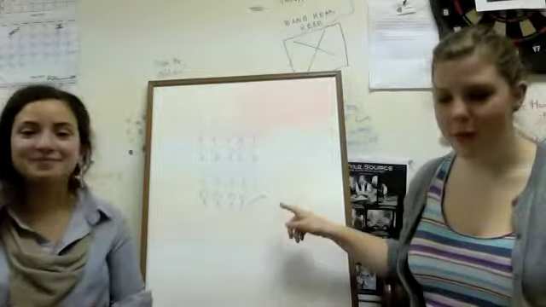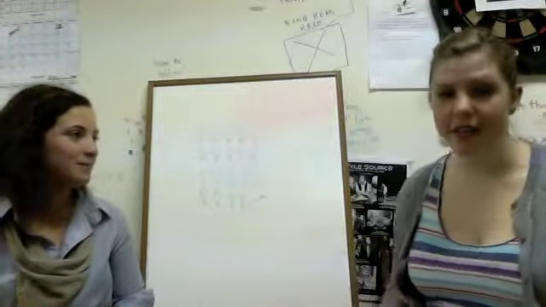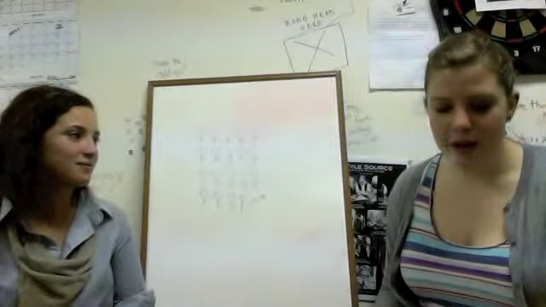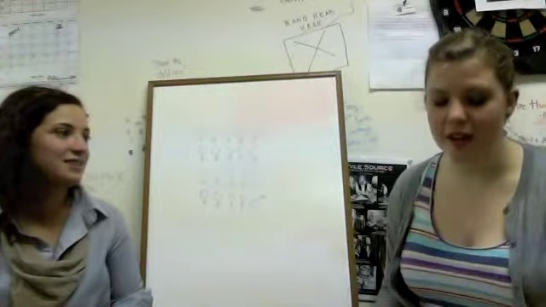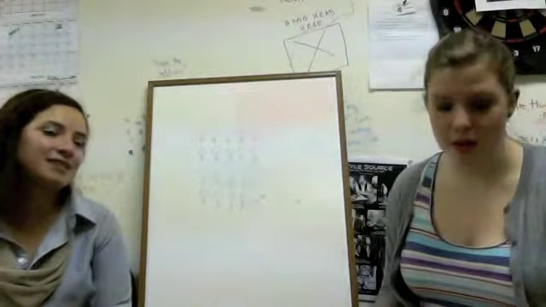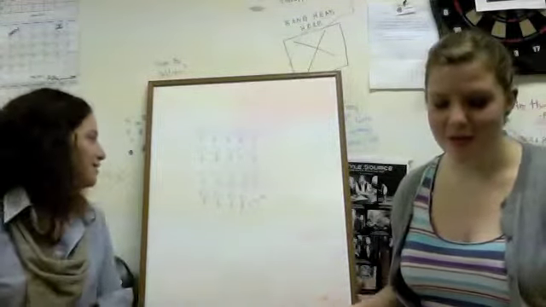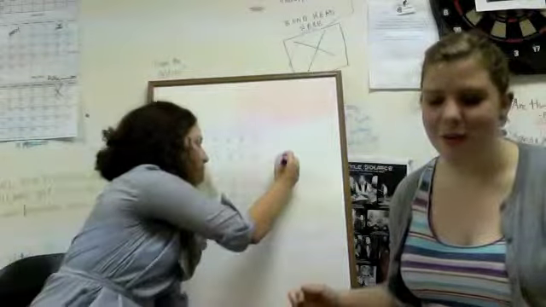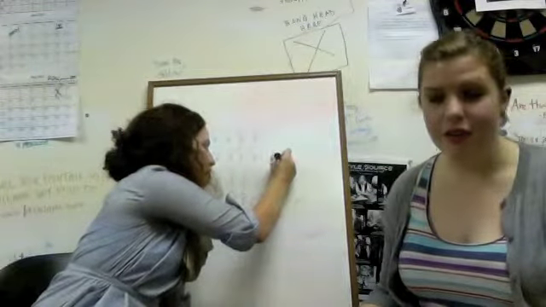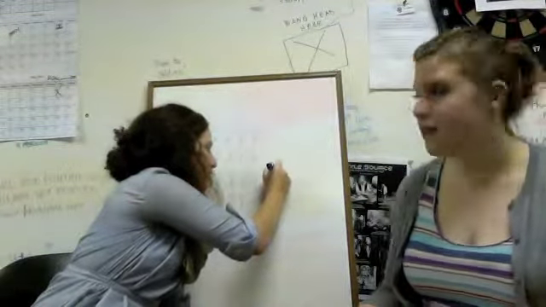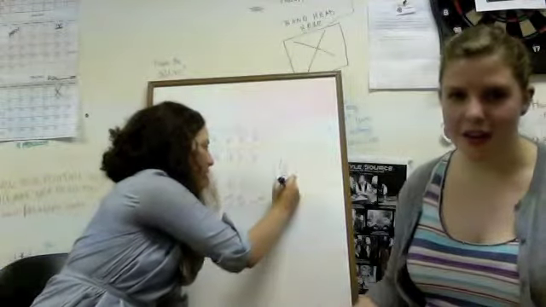The fraction would be 1 out of 25 of the class is male. 1 out of 25 translates to a decimal of 0.04. That happens when you divide 1 by 25. This translates to 4%. So 4% of our class is male.